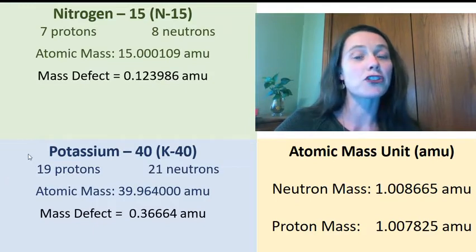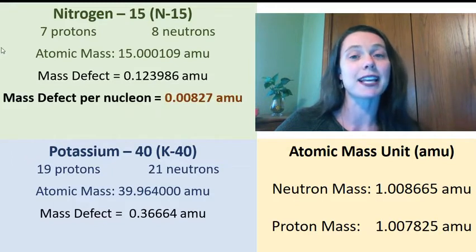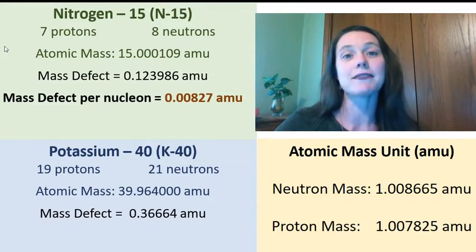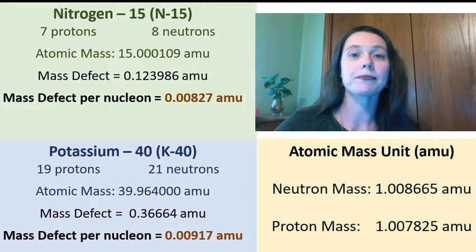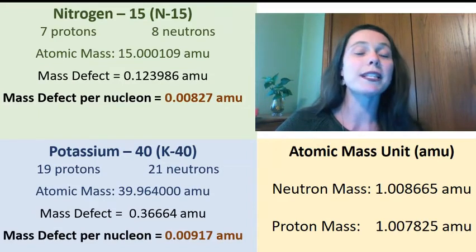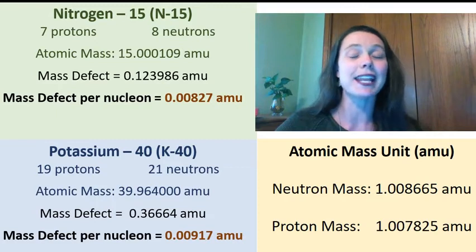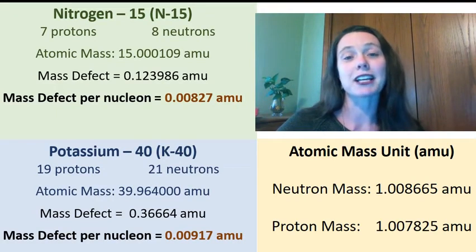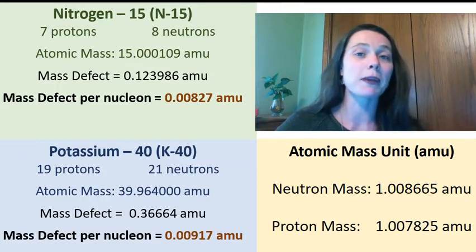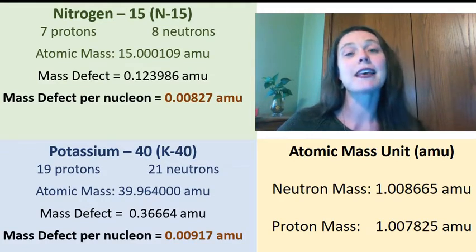That means that for nitrogen, we'll take its mass defect and divide by 15 because it has 15 nucleons. For potassium, we will do the same thing. Take the mass defect divided by 40. Now comparing the mass defect per nucleon, we see that potassium does indeed have a higher mass defect per nucleon. That means that as potassium was forming, more of its mass turned into energy.